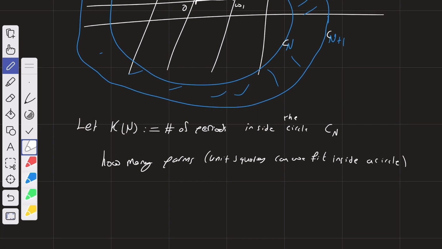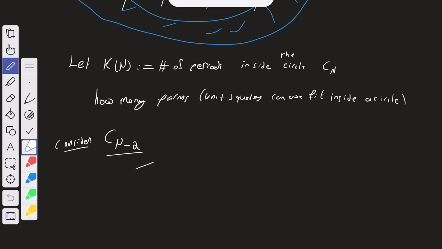Well, let us consider a special circle here. Let's consider the circle C of n minus 2, okay? So if you consider this circle, now this circle has an area pi times (n minus 2) squared, and that is the area in unit squares.